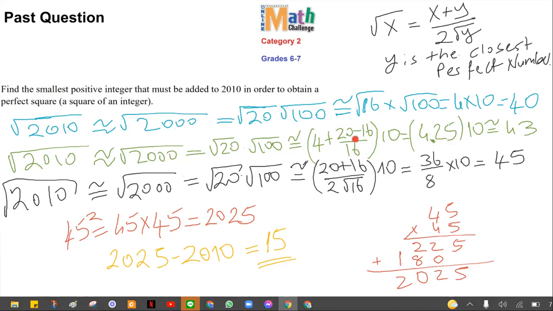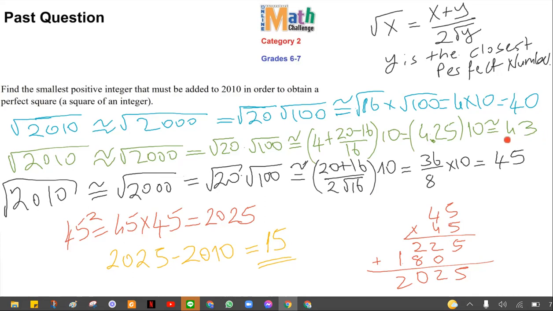So this number minus the smaller perfect square, divided by that perfect square. What we get here is 1 over 4, or 0.25. So 4 plus 0.25 is 4.25, times 10 equals 42.5.